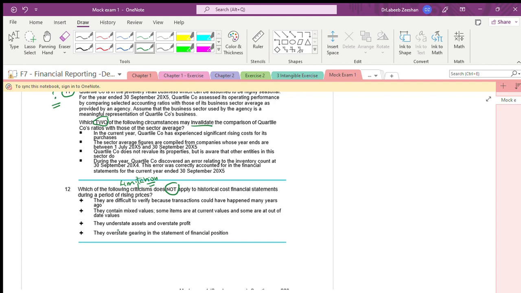Criticism means limitations, accusation. They contain mixed values. Some items at current values and some are out of date values. They understate assets and overstate profits. They overstate gearing in the statement of financial position.